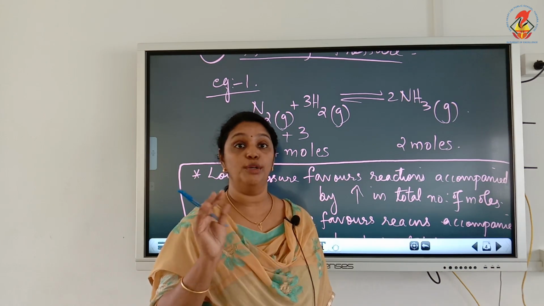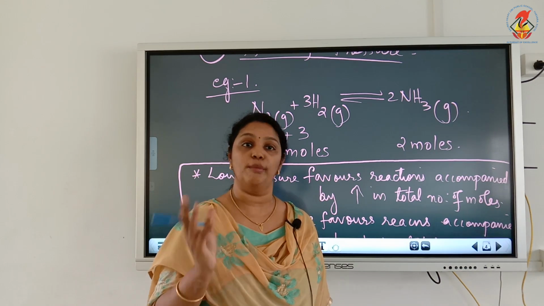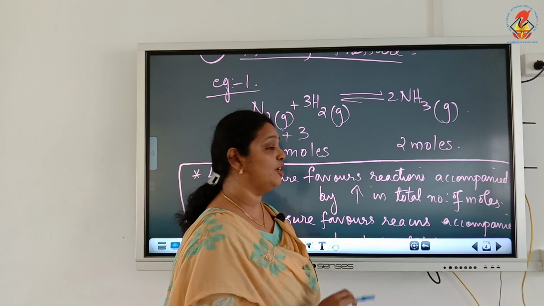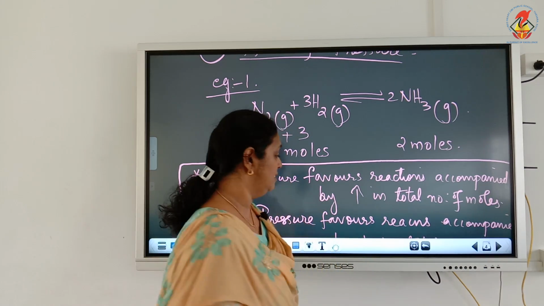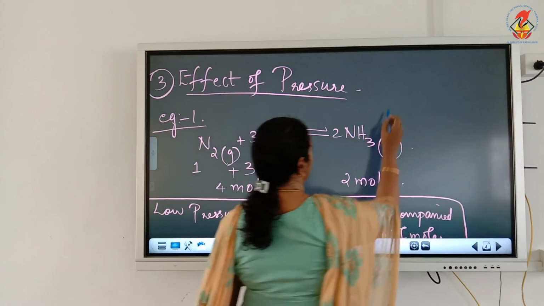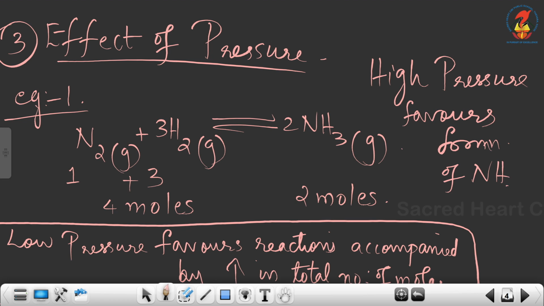Or we can say when you manufacture ammonia, high pressure is required for the formation of ammonia gas, because in the forward reaction the number of moles decreases. So that's a very important point to be noted: high pressure favors formation of ammonia.